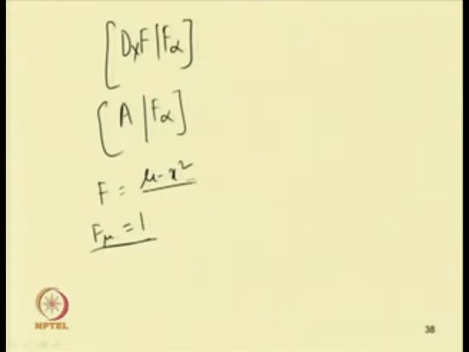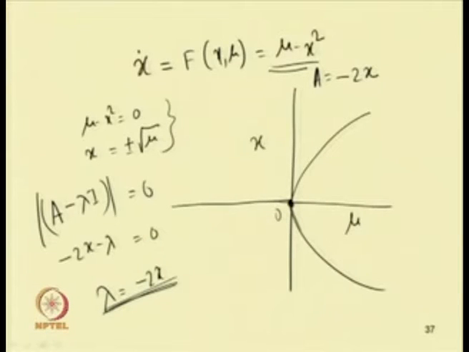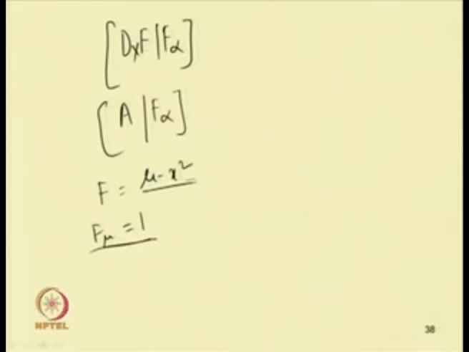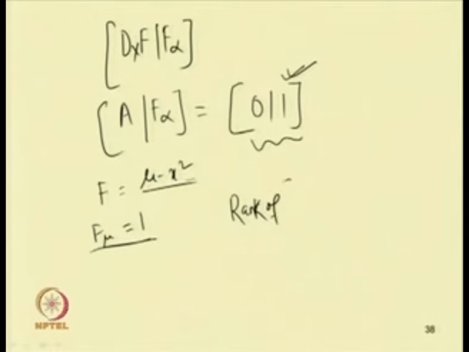Our A was already found to be minus 2x, so at x equal to 0, A becomes 0. So, this matrix dxf, f alpha becomes 0 1, which has a rank of 1.